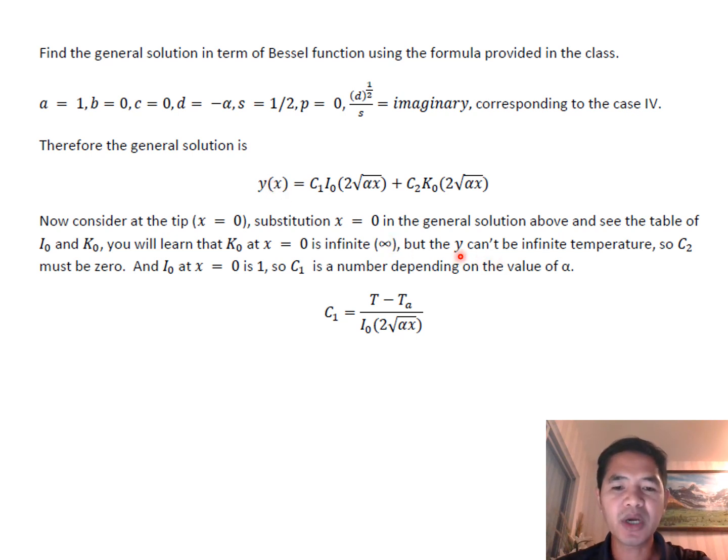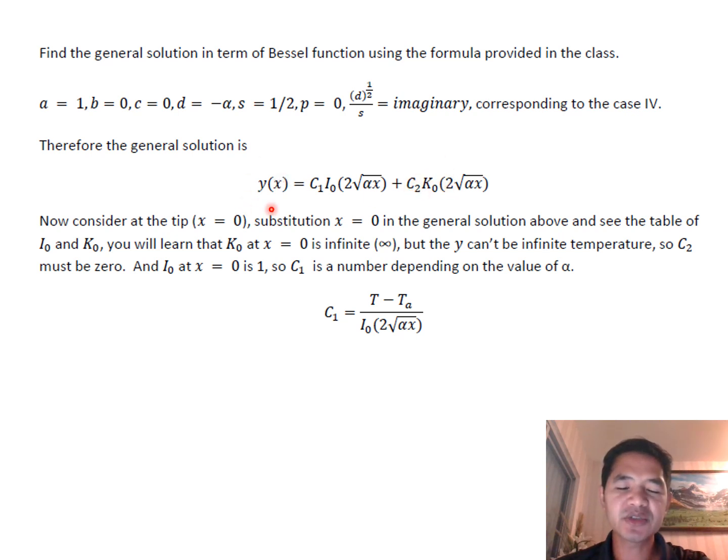So that means c2 must be 0, because K0 is infinity, so we can get rid of the c2 term.